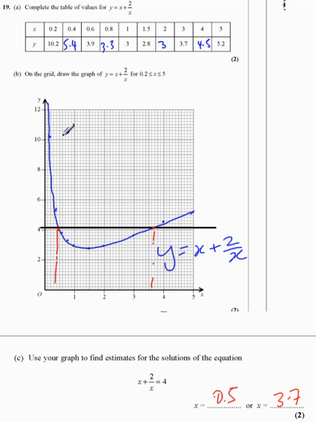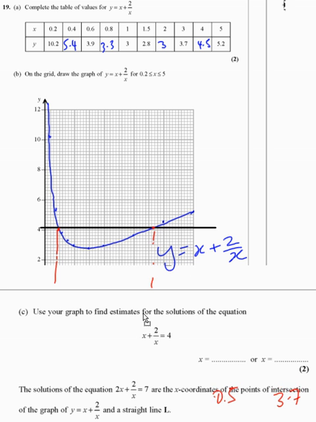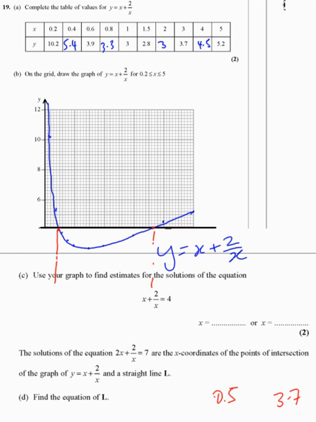That's the easy part. The second part of this question is substantially more difficult and definitely caused people some problems. Sorry, this is getting a bit messy, isn't it?